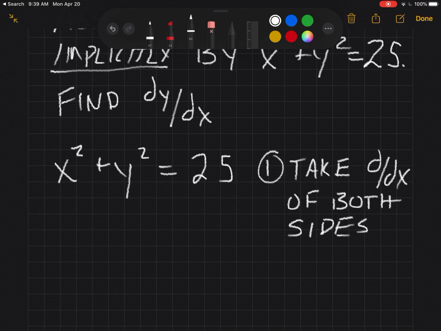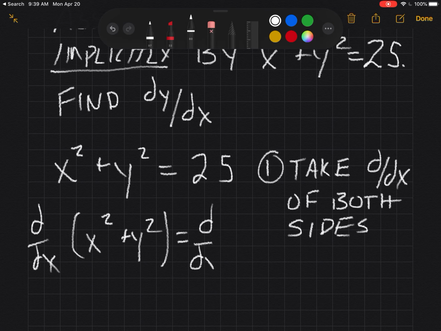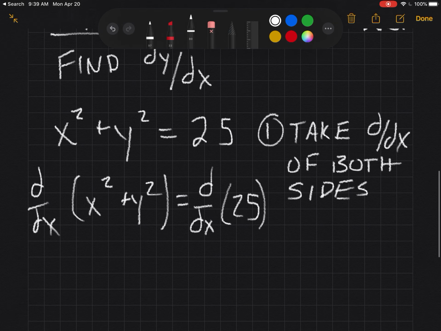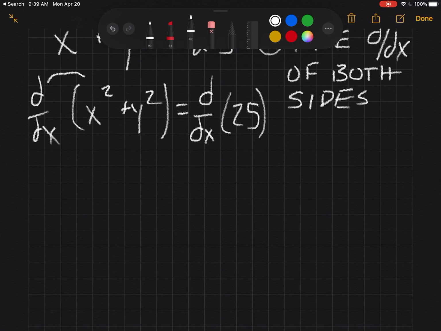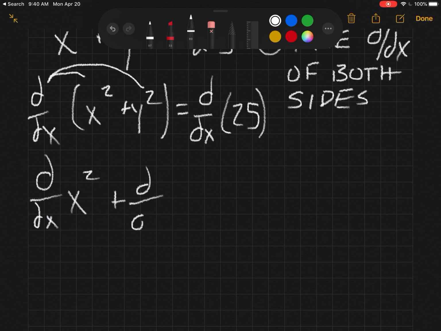So here's how we're going to do that. We have this x squared plus y squared is equal to 25. And the first thing we're going to do is take the derivative with respect to x of both sides. And so that's going to give us the derivative with respect to x of x squared plus y squared is equal to the derivative with respect to x of 25.